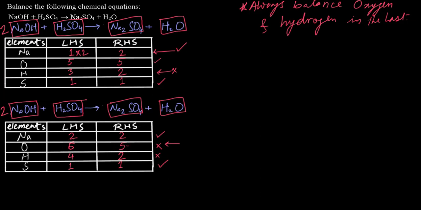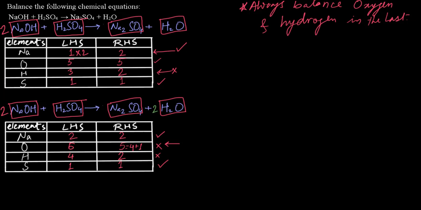We have this 5 as 4 of oxygen coming from Na2SO4 and plus 1 single oxygen coming from the water molecule. So if we multiply this 1 atom by 2, we get 4 plus 2, that is 6, and it will be equal to the LHS. So what we can do is multiply this water molecule by 2.